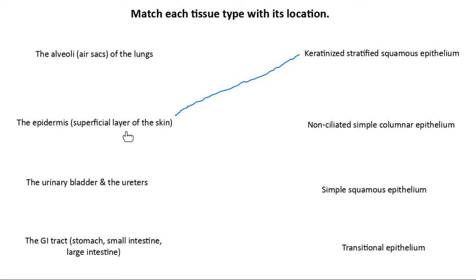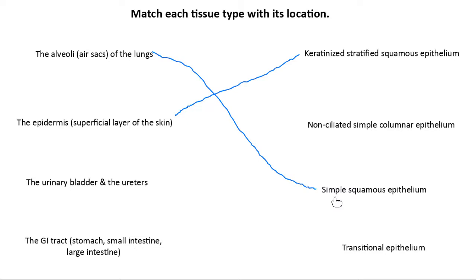Let's talk about another location of squamous cells in the body, and that's the alveoli, the air sacs that you have in your lungs. This is where we find simple squamous epithelium. What did that simple word mean again? Simple epithelium?